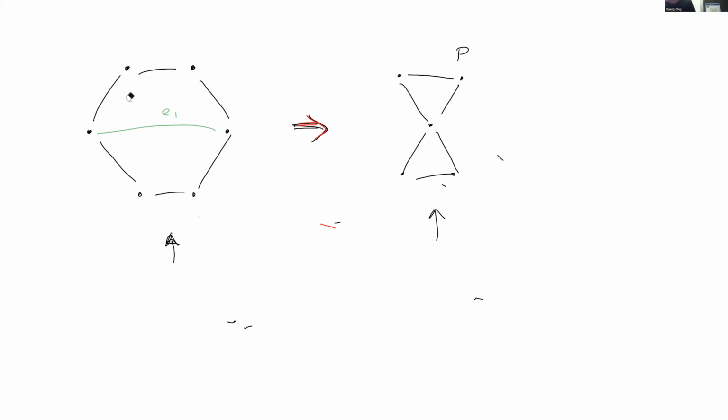The reason is because if we wanted to make this graph disconnected, so to be clear, if we wanted to disconnect P by removing edges, more specifically, 2 edges, because that's the test as to whether the graph is 2 connected or 3 connected, we cannot remove an edge from this top subgraph and one from this lower subgraph.